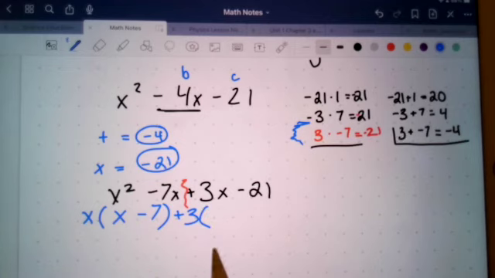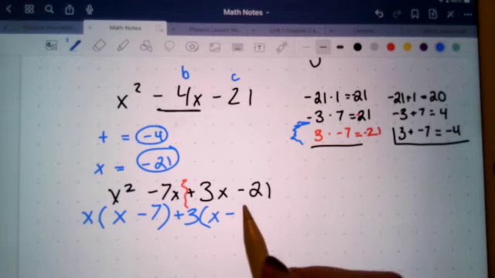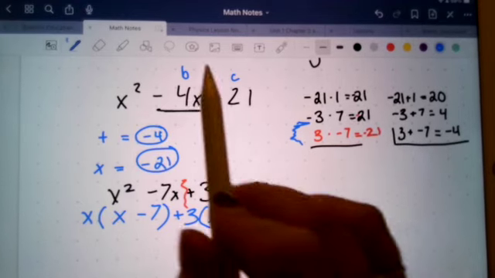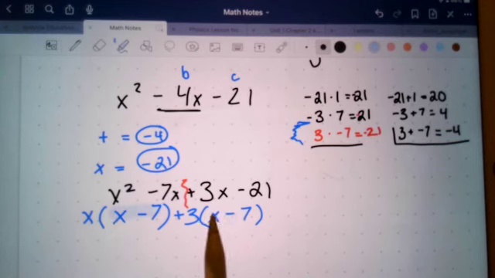I've taken the 3 outside. And then minus, I've taken 3 out of this 21. Now that does not make it 18. What that's doing is dividing that number, because remember when we had it before, we were multiplying back in with FOIL. And so now I'm taking that 3 away from the 21, and I'm going to be left with minus 7. What you should notice at this point is that both brackets are exactly the same.